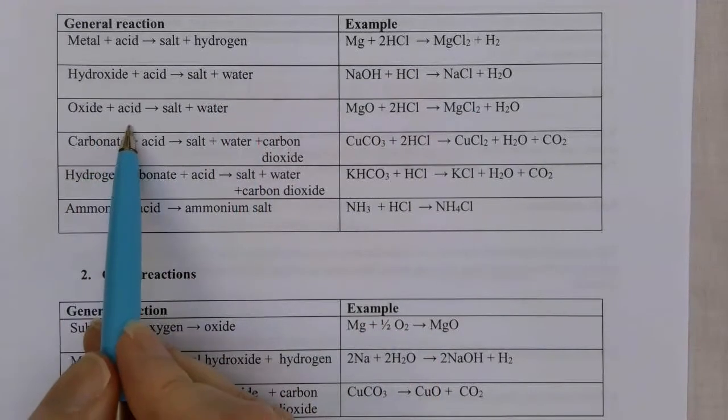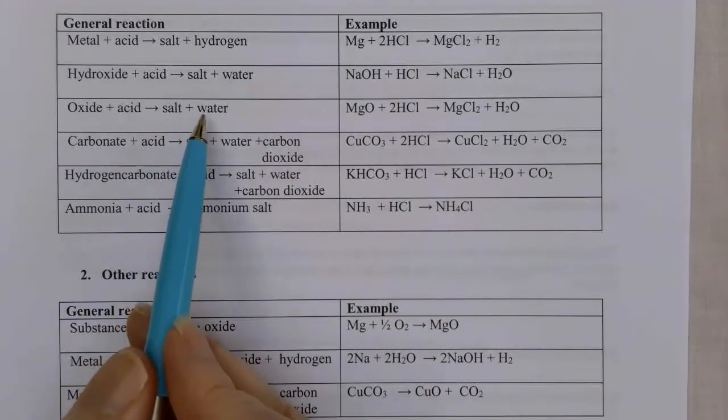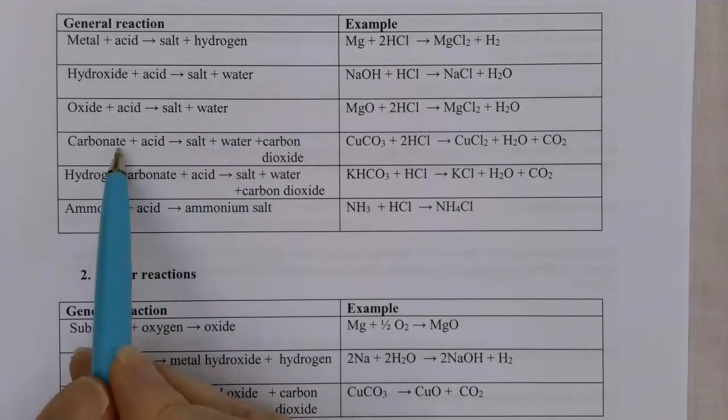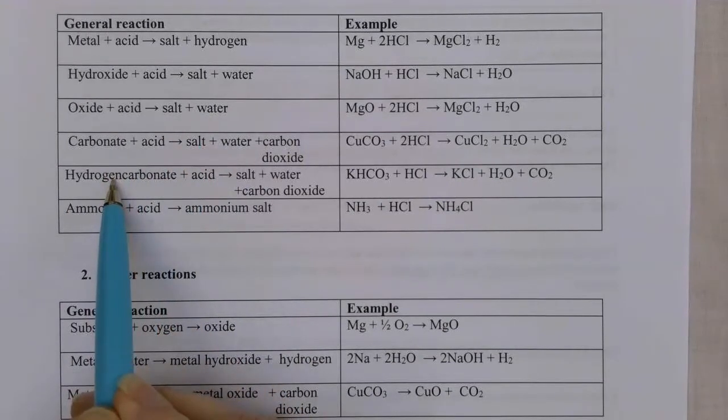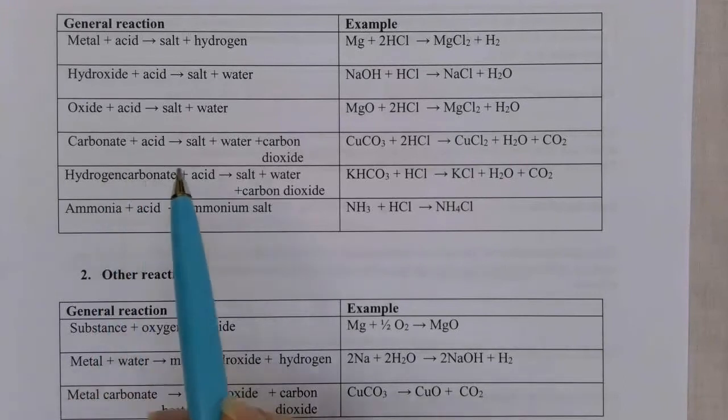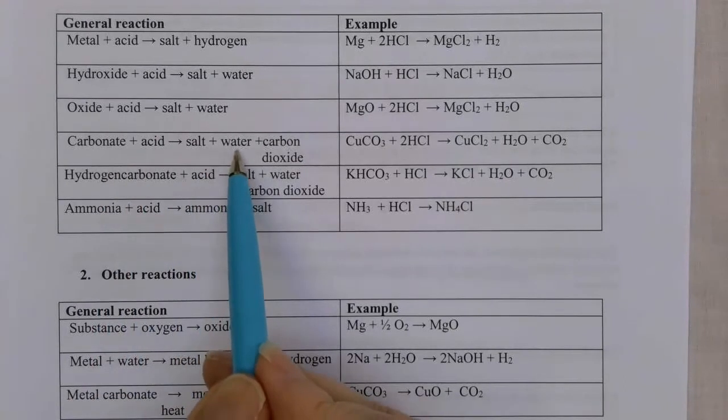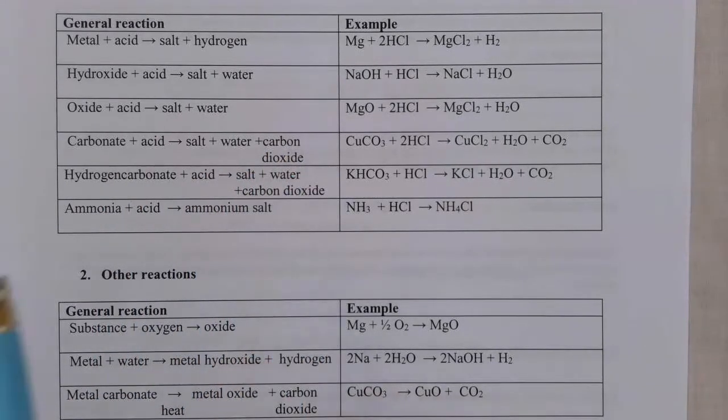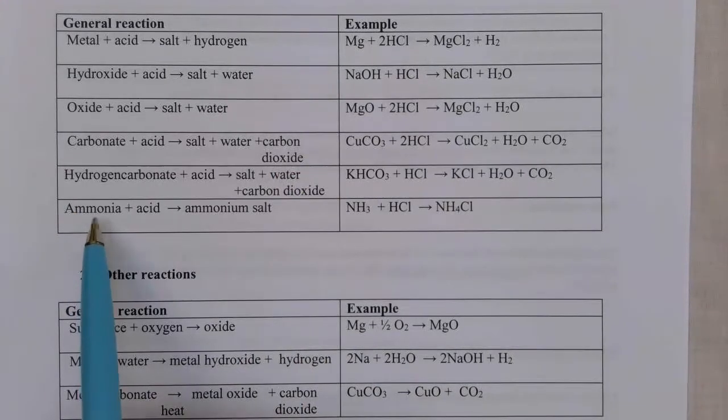Oxide plus an acid again gives you the same salt and water. Carbonate and hydrogen carbonate do a very similar reaction with acid to make salt, water, and carbon dioxide. They just balance slightly differently. And last but not least, you need to know that ammonia, NH3, and an acid make an ammonium salt.